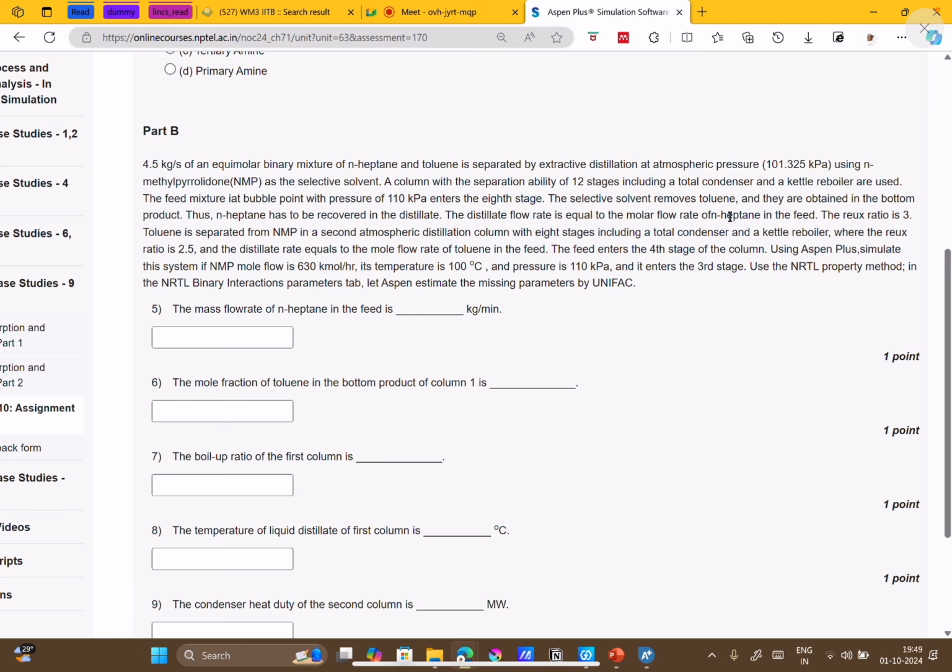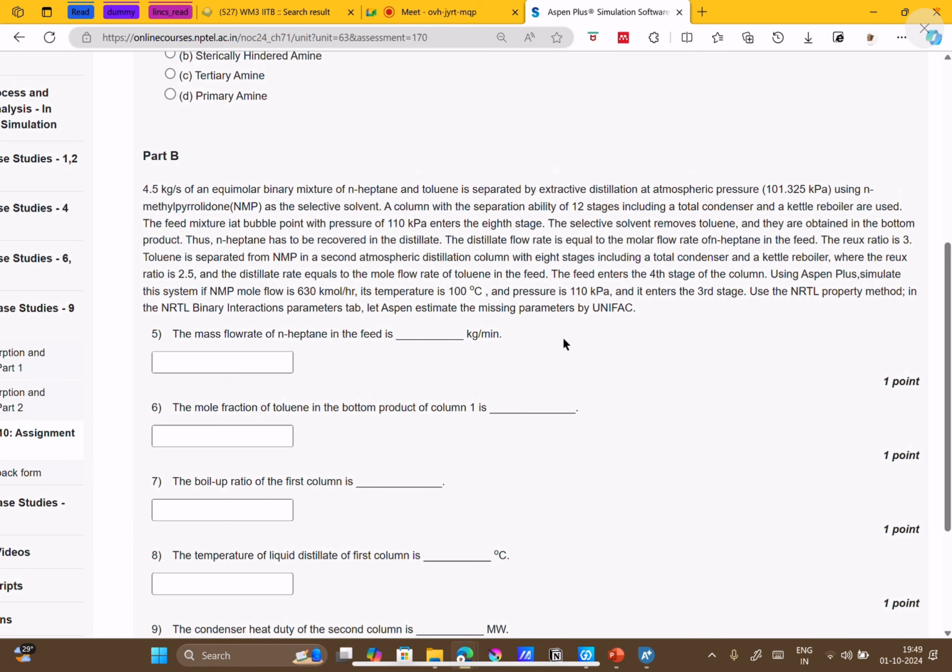Flow rate is equal to molar flow rate. The reflux ratio is 3. 8 stages including total where the reflux ratio is given. Feed entered at the 4th stage of the column. So you are saying pressure value is not given. That's the issue.